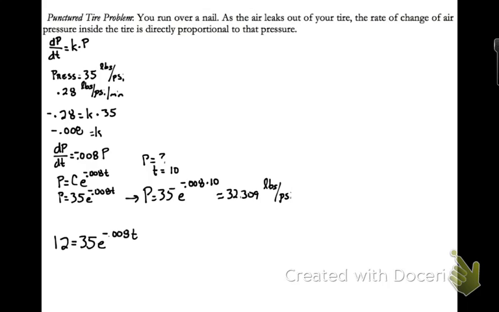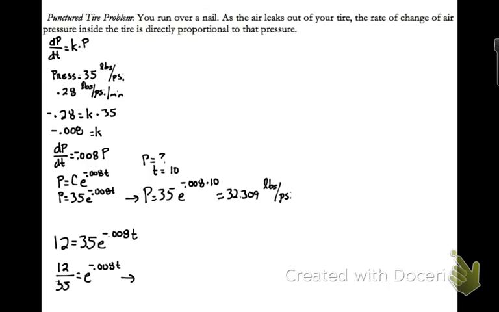Let's solve for t. First, I'm going to divide both sides by 35. So I'll have 12/35 equals e to the negative 0.008t. And this is in exponential form, so I'm going to convert it to log form.